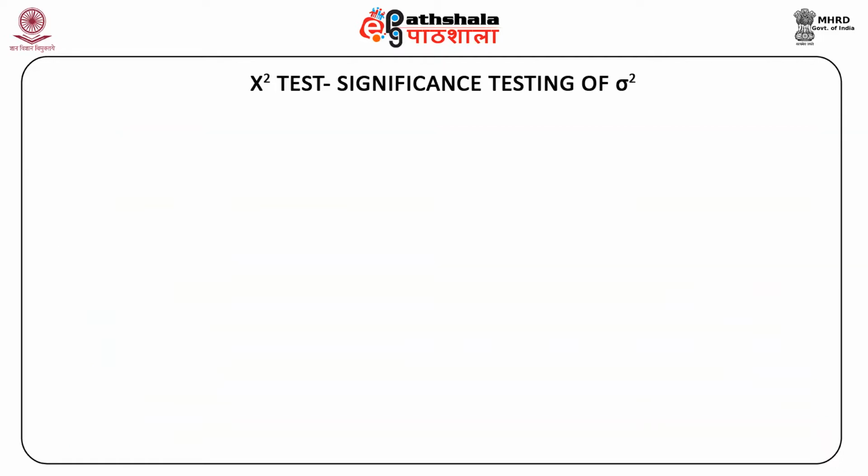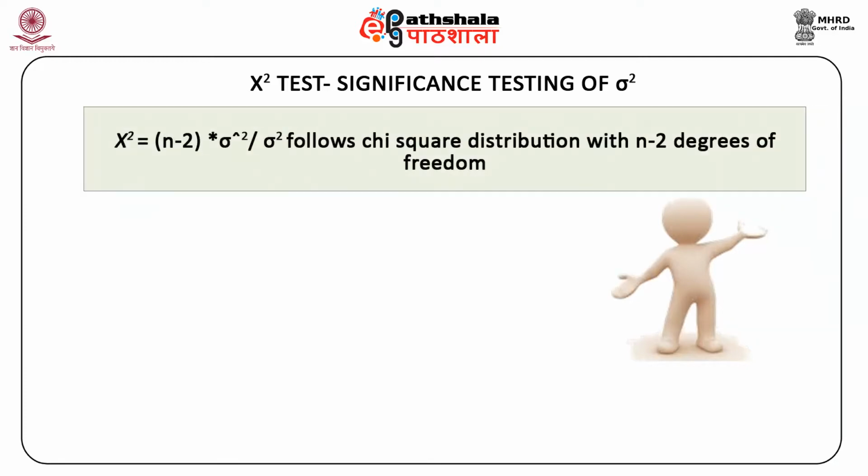Next, we shall look at the chi-square test, significance testing of sigma squared. As stated previously, the statistic chi-square is equal to (n minus 2) multiplied by sigma hat squared divided by sigma squared, following chi-square distribution with n minus 2 degrees of freedom. Null and alternative hypothesis.